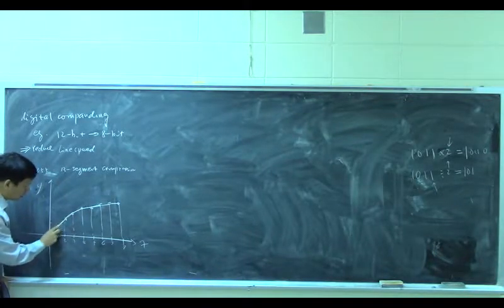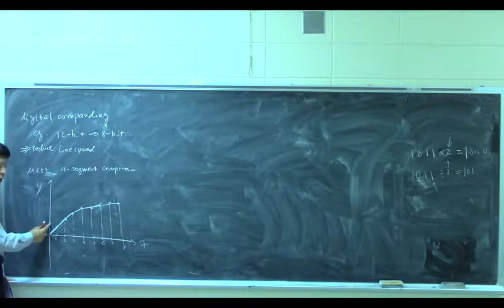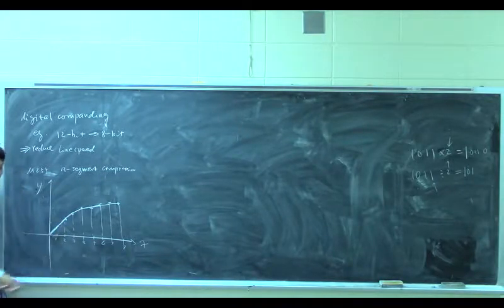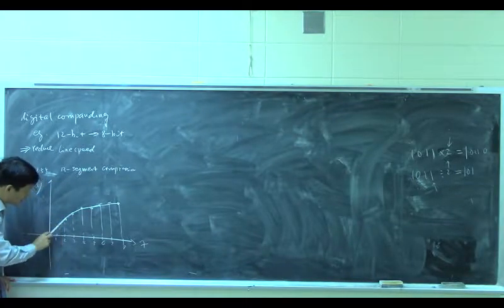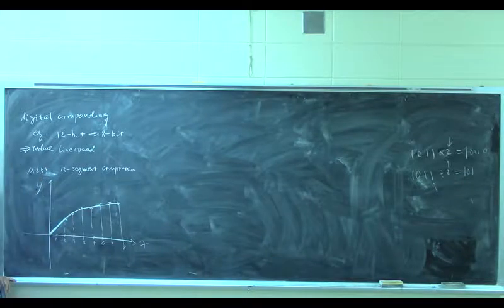If it's in the first segment and second segment, the output equals input. You give me 1, I output 1. You give me 2, I output 2. That means this will be one straight line. For small signals, we do not compress at all. X equals y.